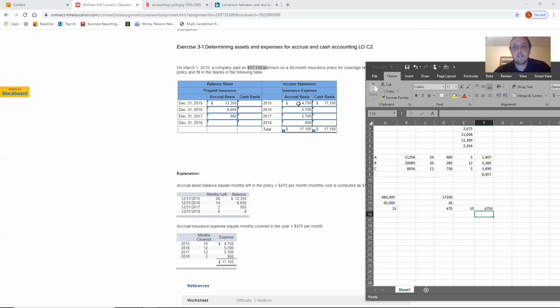The expense for that year is 4,750. And therefore the prepaid balance is going to be the difference there. It's 12,350. Then in 2016, we have a full year, so it's going to be that 475 times 12. So your expense is going to be 5,700, and your prepaid is going to drop to 6,650.